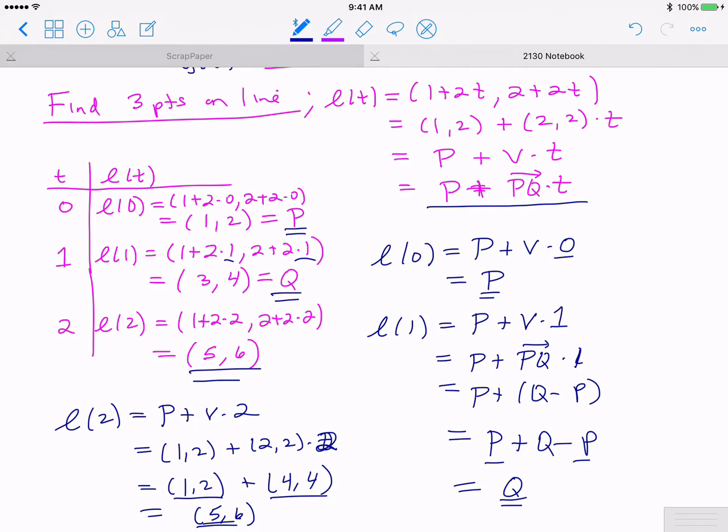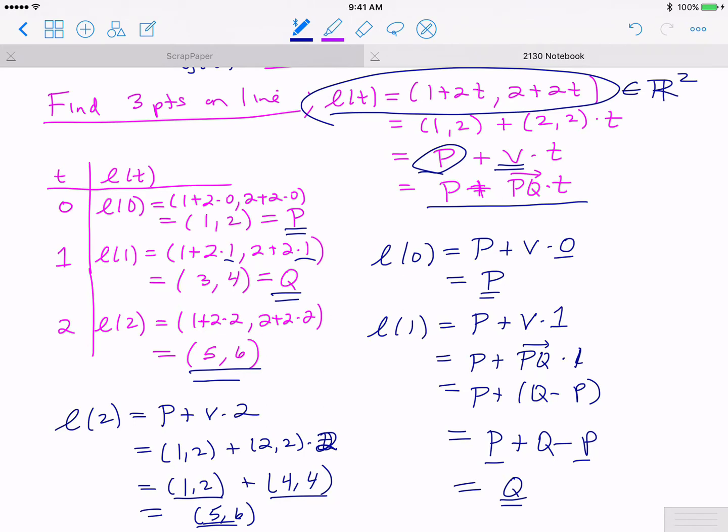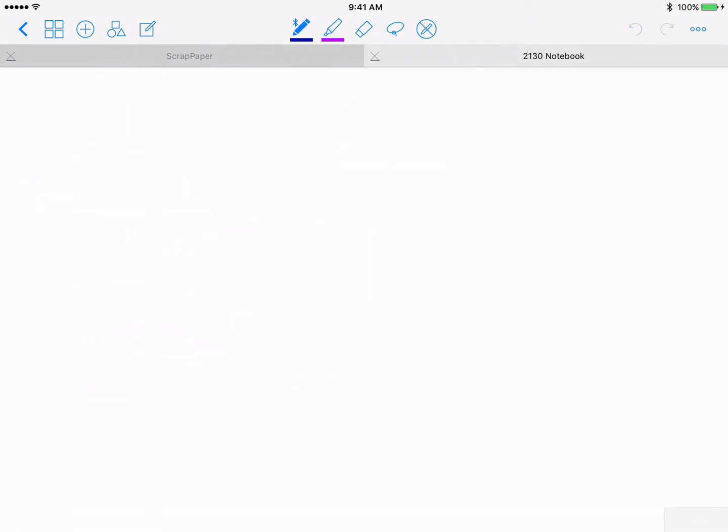Okay, so this is our line. Our line happens to be in 2 dimensions. So all we needed was a point and a direction vector times t. The same result holds in any dimensions really. So let's do another example, maybe in 3 dimensions.